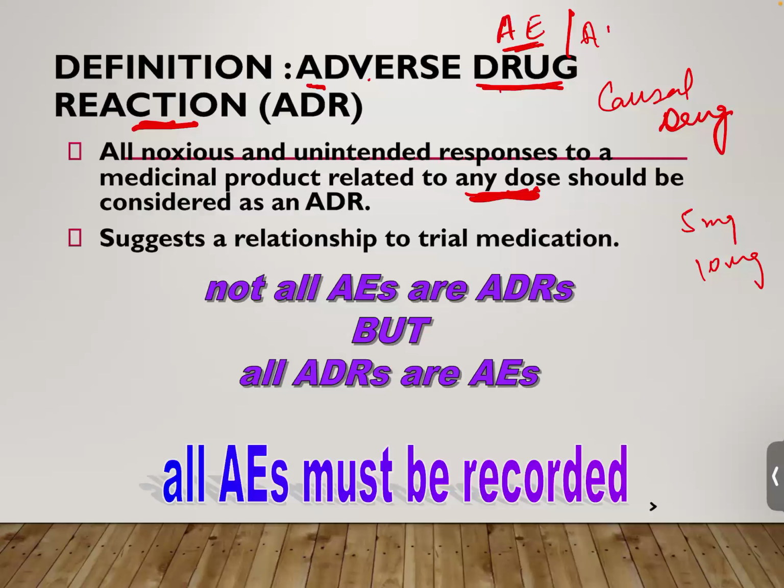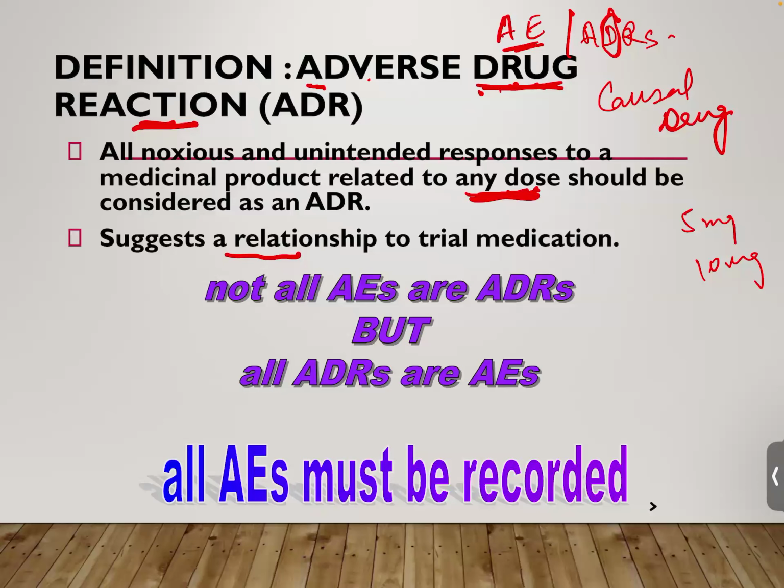So when you see a drug in the wording, this is a kind of trick to remember: the moment its wording has a drug, it is related to the study product. That suggests there is a relation to the trial medication, so the adverse effect is happening because of the drug.